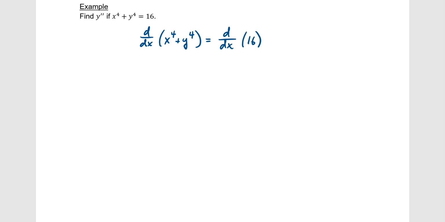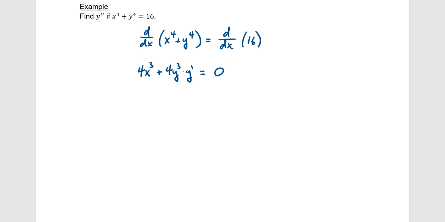On the left-hand side, the derivative of x to the fourth is 4x cubed. The derivative of y to the fourth is 4y cubed times y prime. And the derivative of the right-hand side is 0. That's why this one may be a little bit easier than it looks, because anytime you have a constant on one side, it's going to be 0 after you take the derivative.